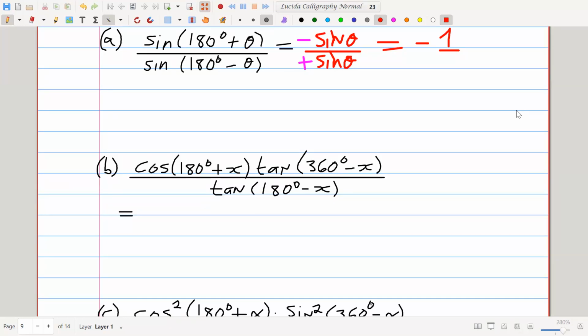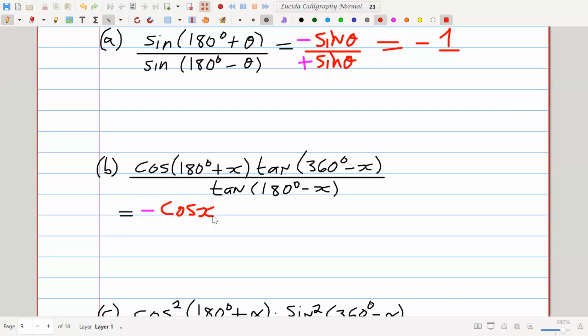So let's look at this portion first, the cos of 180 degrees plus x. How would you write this in simple form? Remember, this is actually the third quadrant, and the sign of cosine is actually negative. Let me just write that negative. And then you'll have cosine x.